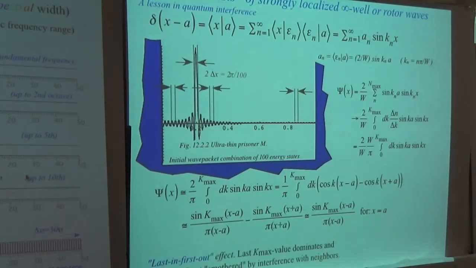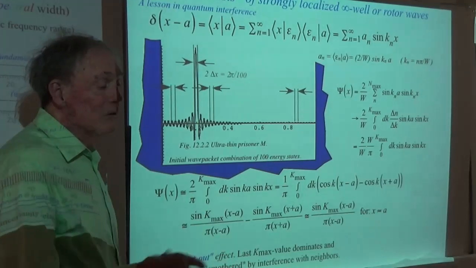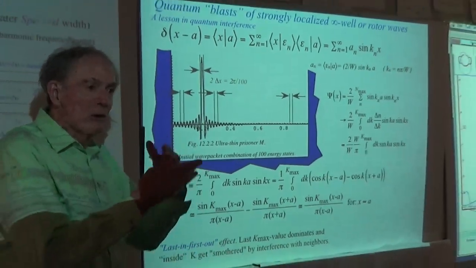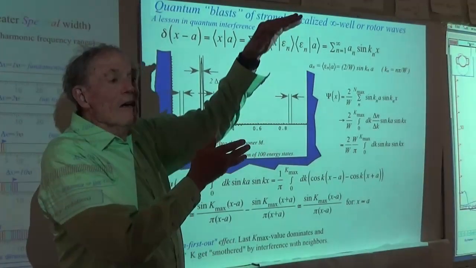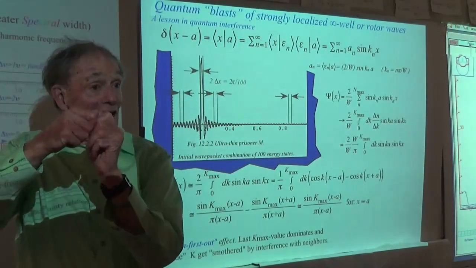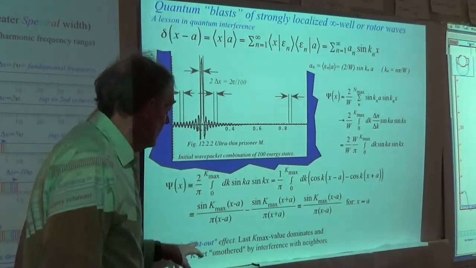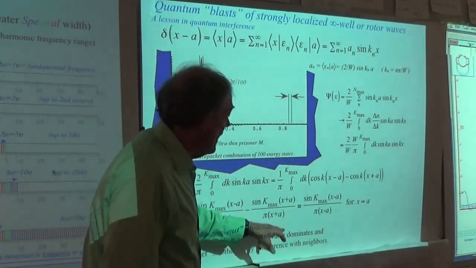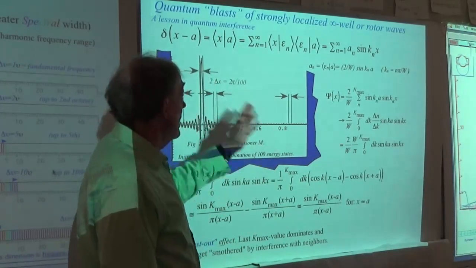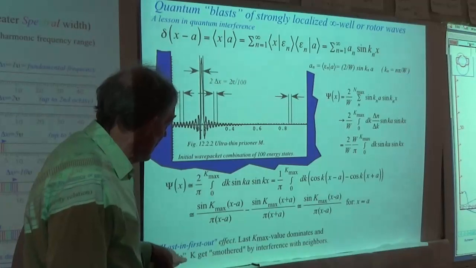And the result that you see from this is what I call the last in, first out effect. That's computer jargon, right? You put a bunch of stuff in a stack of memory, and the last in is the first thing you pull out, because you pull it out at the bottom, right? So what this is telling you is the last k max value that I stopped at, and I stopped at 100 here, dominates.